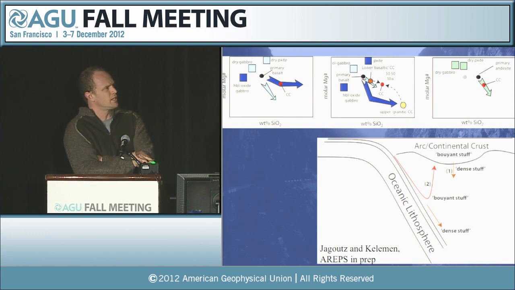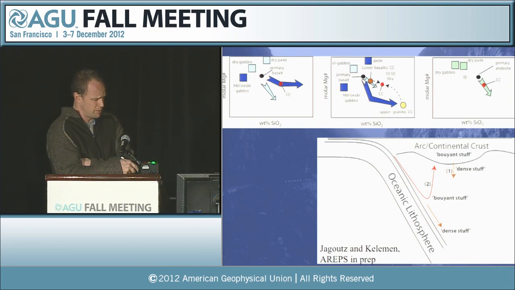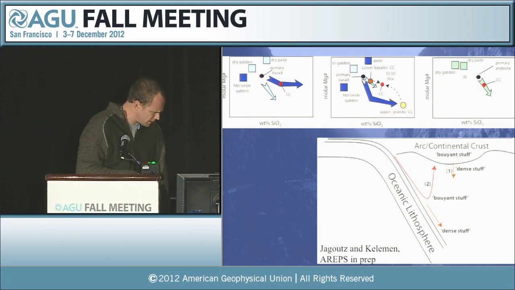And there's the old idea from Goldstein, Arndt and Kay and Kay that we have buoyant stuff preserved in the arc, which ultimately might produce the continental crust, and we lose the dense stuff at the mantle-crust interface in an arc. So what we try to do is get some idea from the area we work in, Kohistan, of what the magnitude of this flux could be in order to produce an andesitic arc crust.